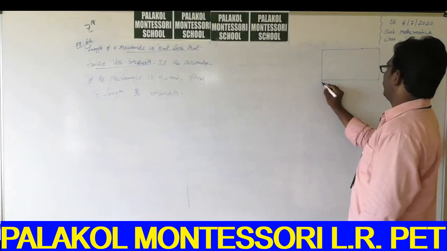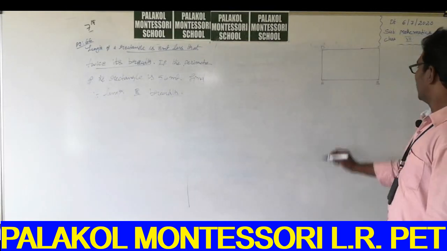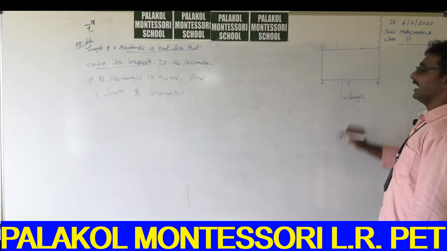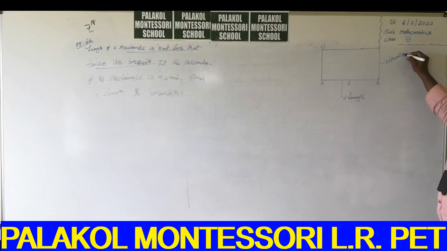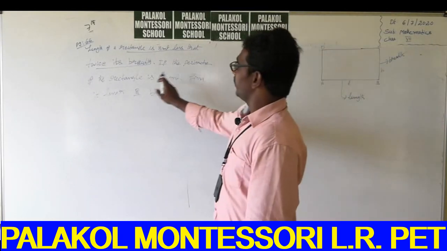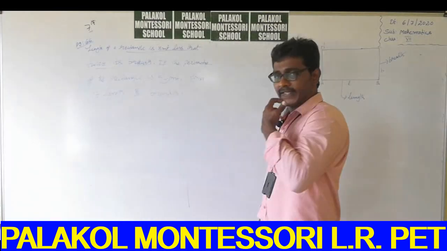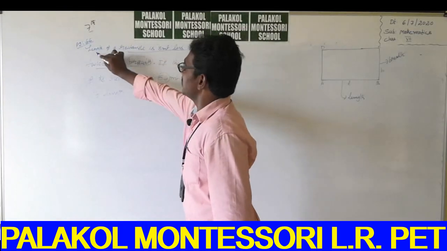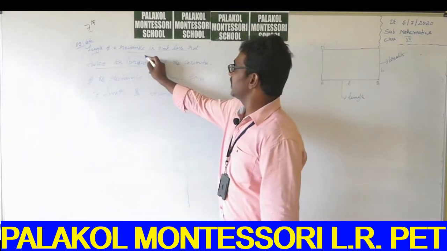Immediately mark it A, B, C, D. In this rectangle, AB indicates the length, the short notation is L. BC indicates the breadth, the short notation is B. If the perimeter of the rectangle is equal to 56 meters, find the length and the breadth. Here, the breadth is the second one, the length is the first one. The second one you say x.